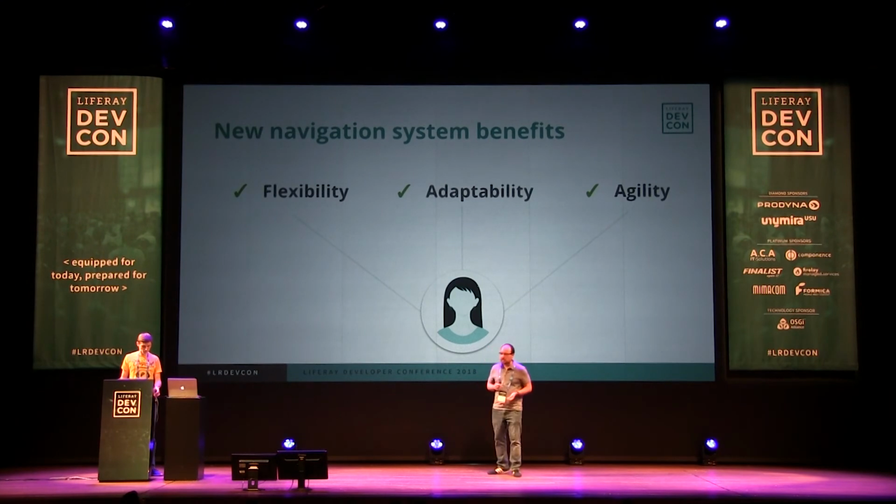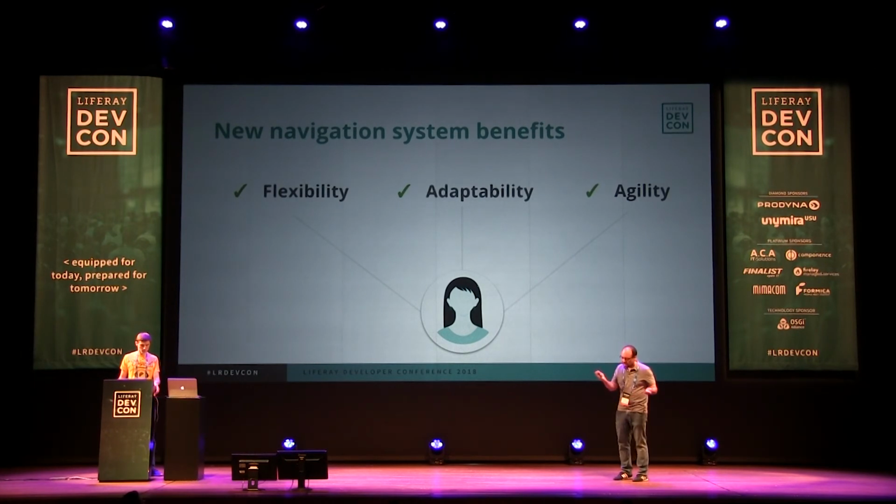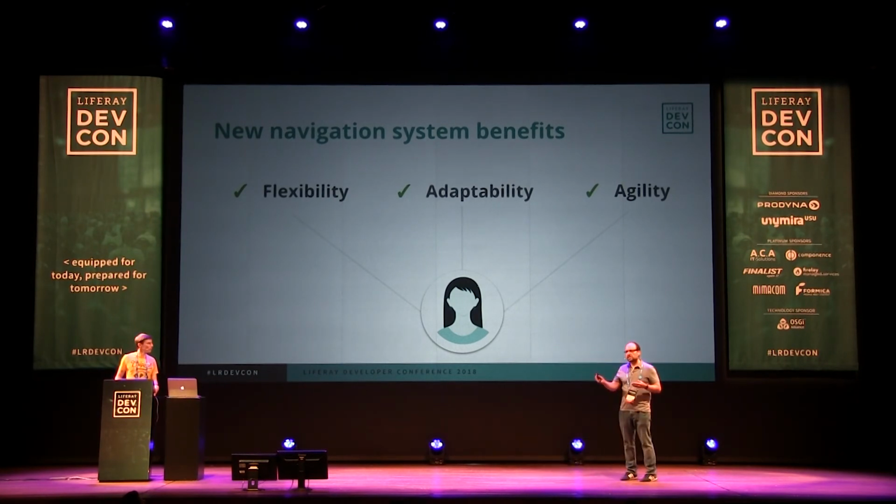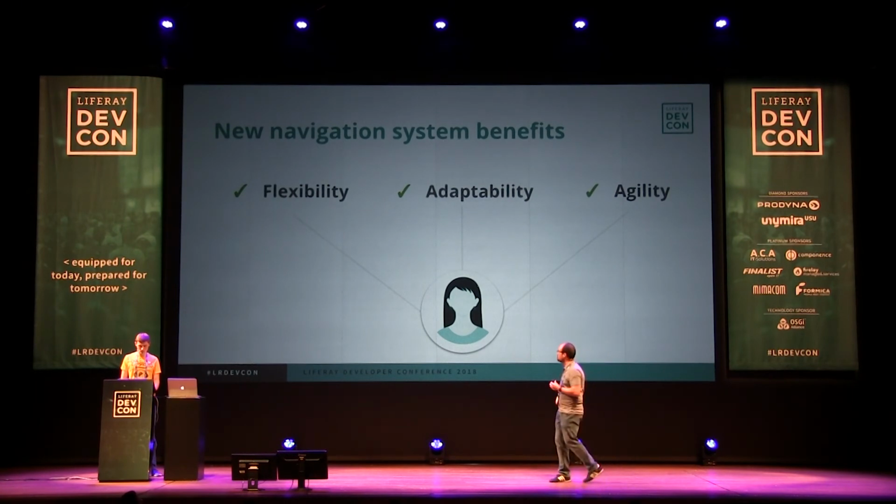Also, adaptability. As Pavel mentioned, you can have several navigation menus with different functions, such as primary, secondary, and the social one. So you can just configure any navigation menu for that widget, and it will change accordingly for the one that you choose.